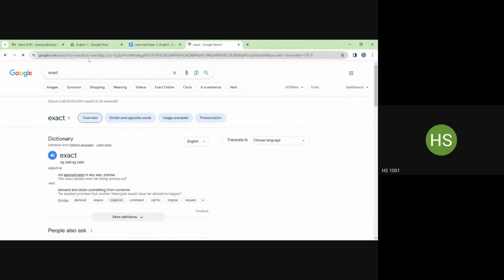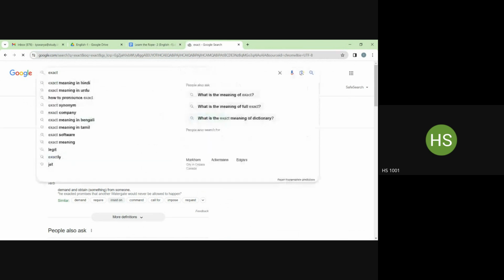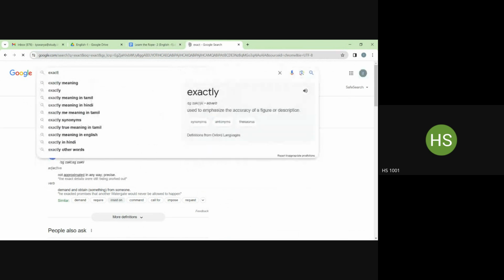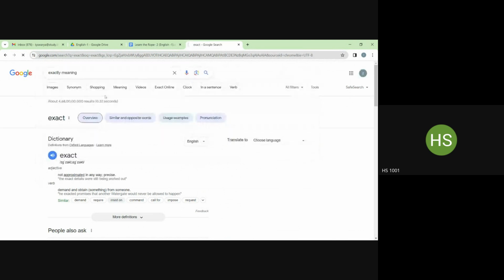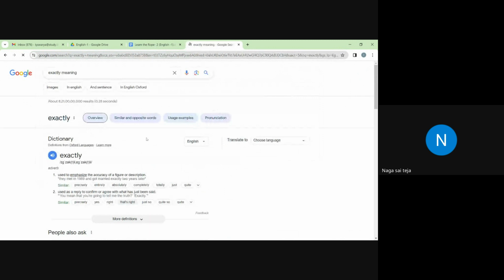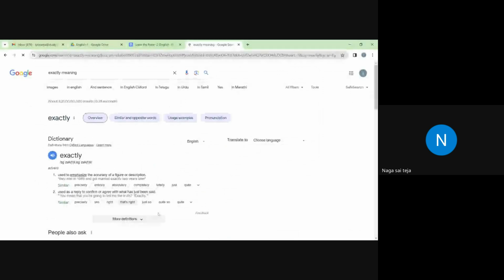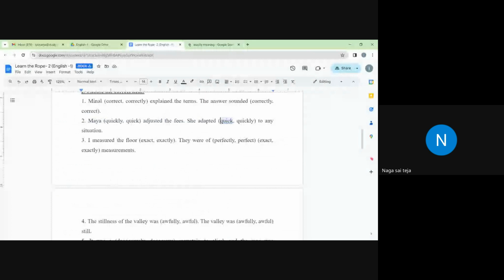Just a moment. Please give me a moment. So we have to find a verb to which this adverb is linking. I did not understand your question.